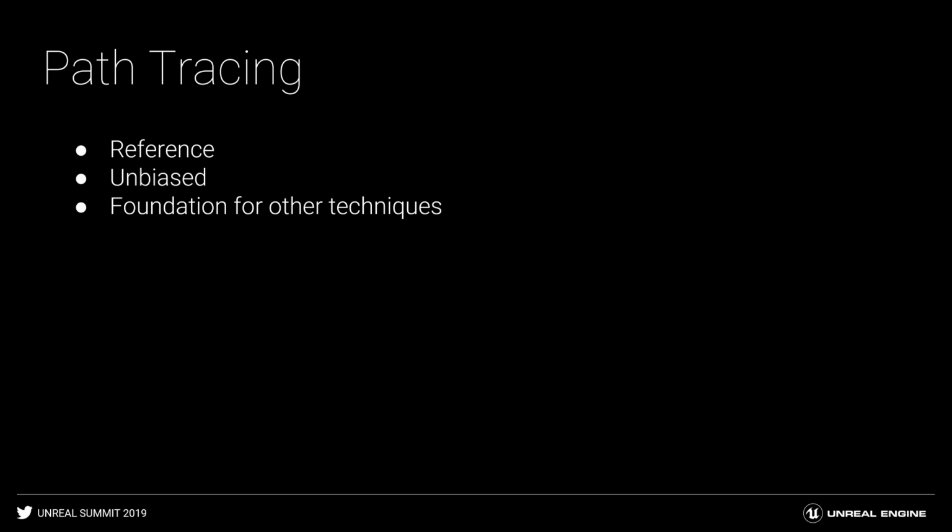So if you're doing a new approximation, you don't have to export your scene into an external offline renderer like Mitsuba or something to confirm that you've got it right. You can now do it directly inside the engine. And we expect this to be a foundation for future techniques like RTGI or upcoming changes to light map baking.